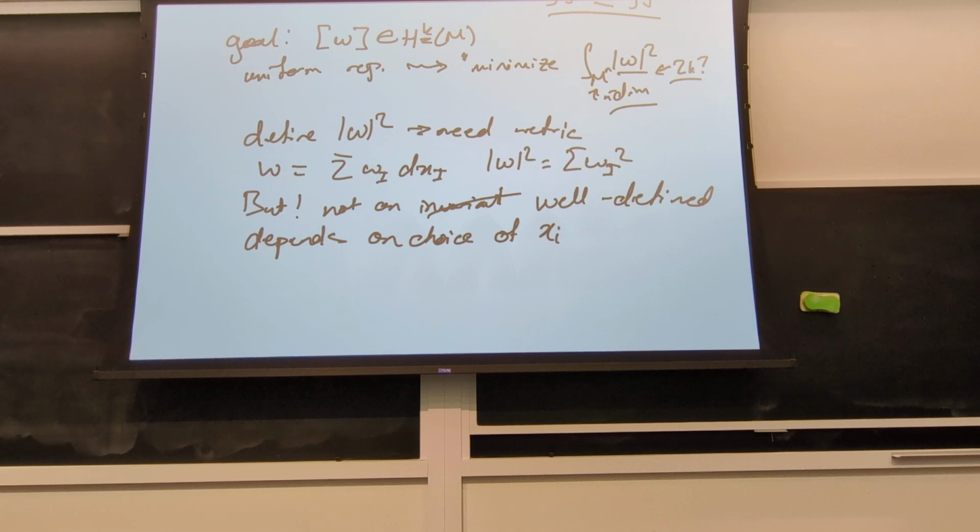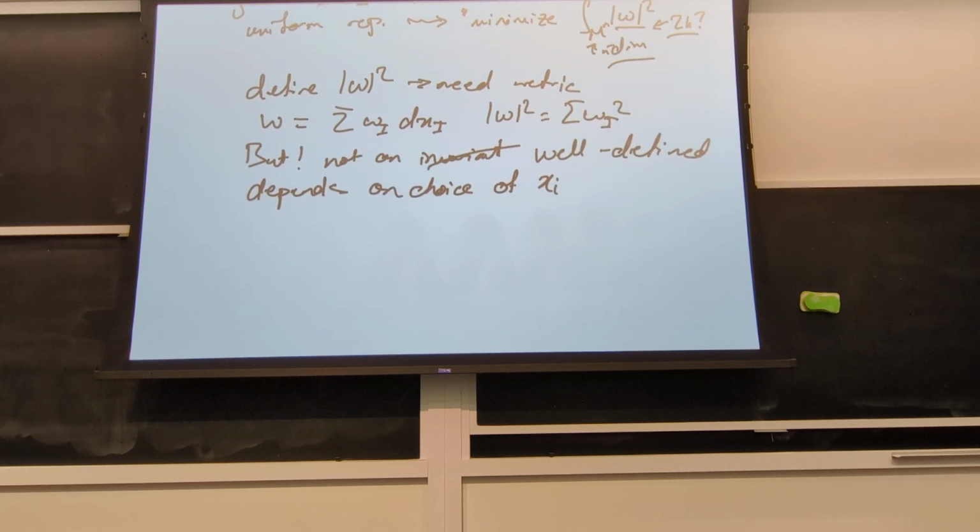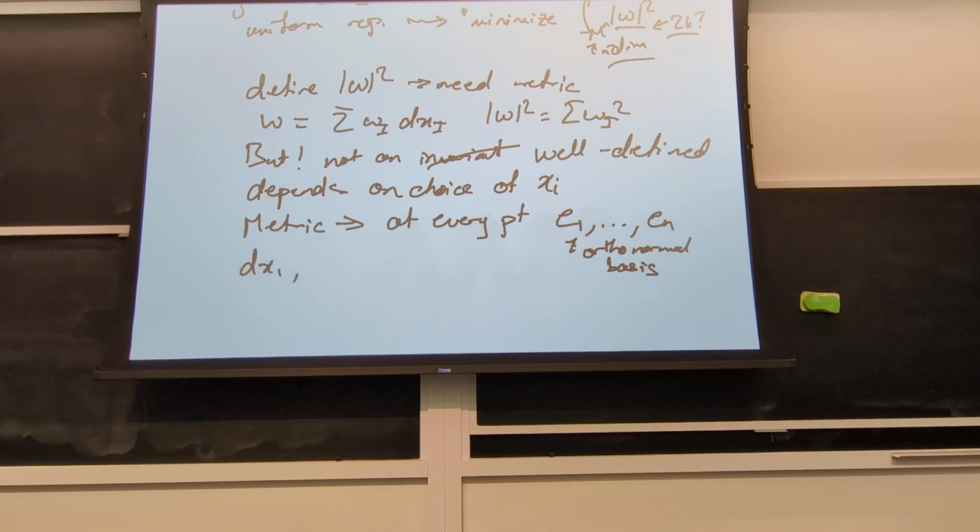So instead what you're going to do is say, okay, the metric tells you that at every point you can take e_1 through e_n, which is an orthonormal basis, and then you can take your dx_1 through dx_n, which is dual to this.